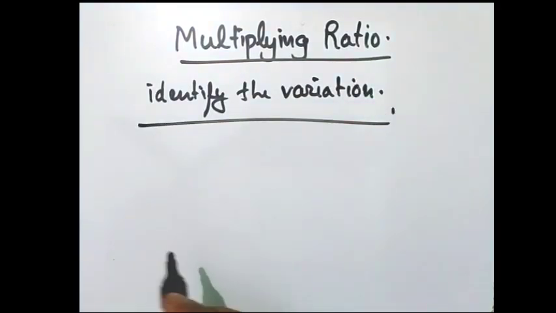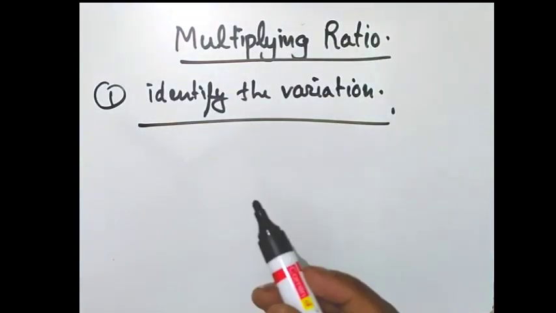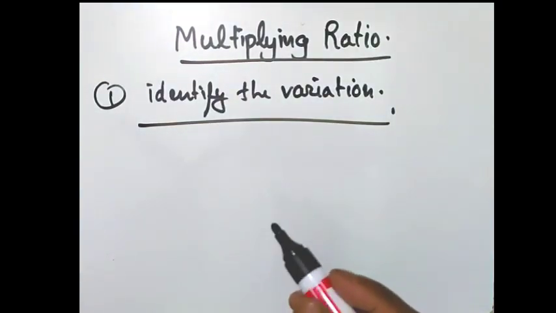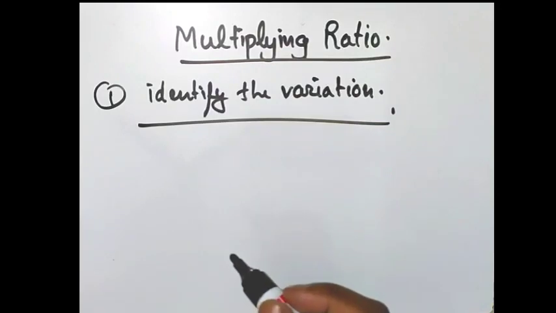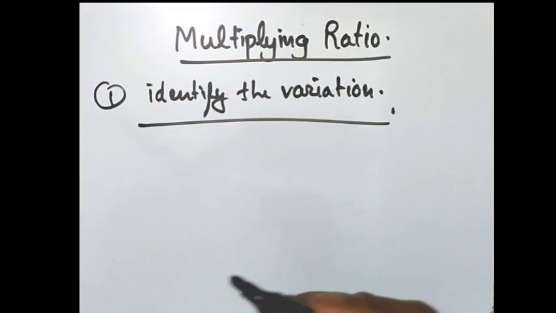The first step will be to identify the variation in the given question. Then only we can determine the multiplying ratio. Now let's see if it is a question of direct variation, then what will be the multiplying ratio?